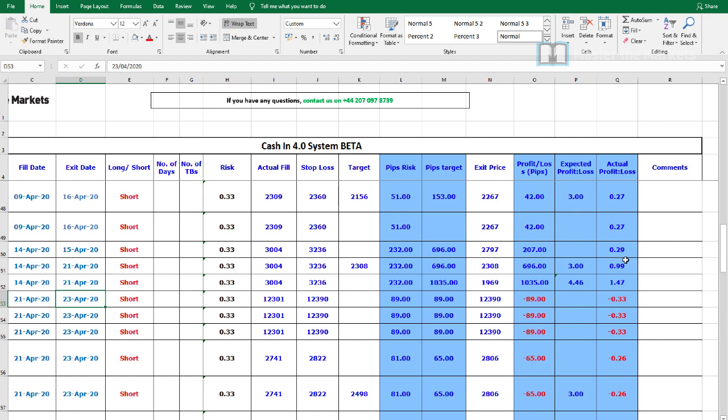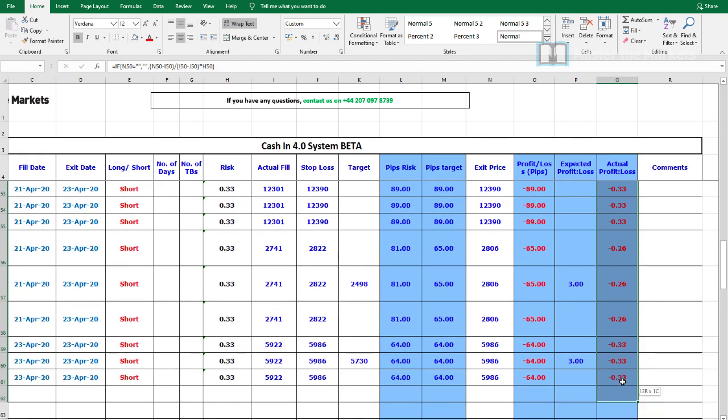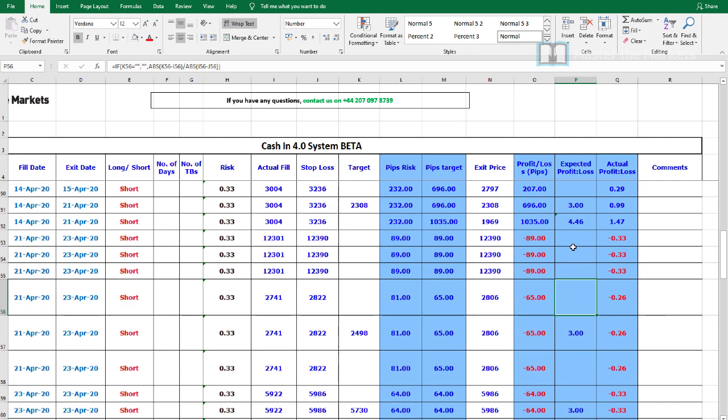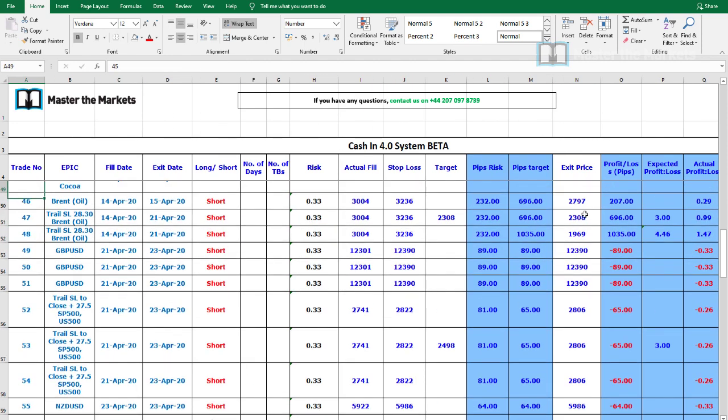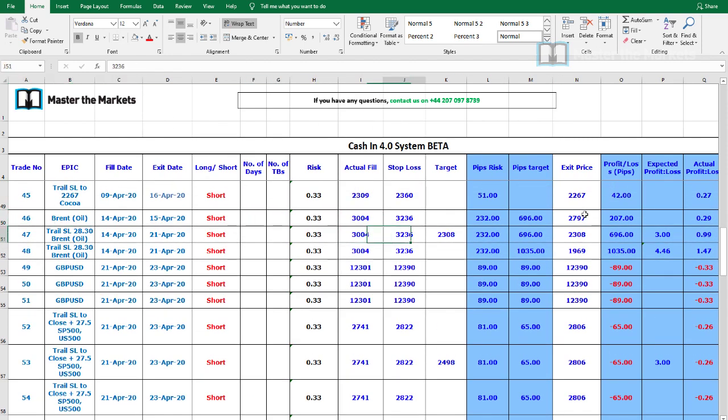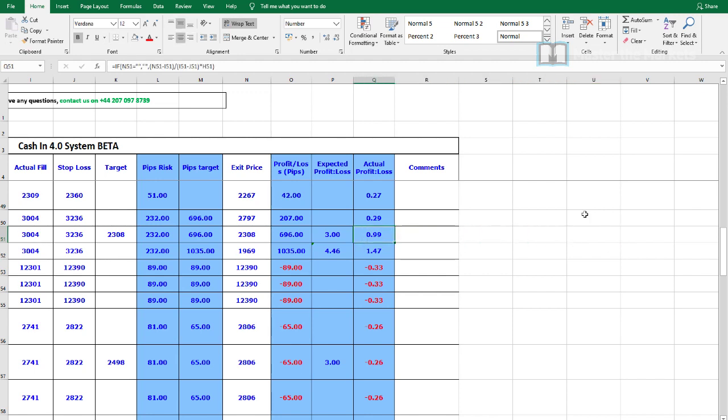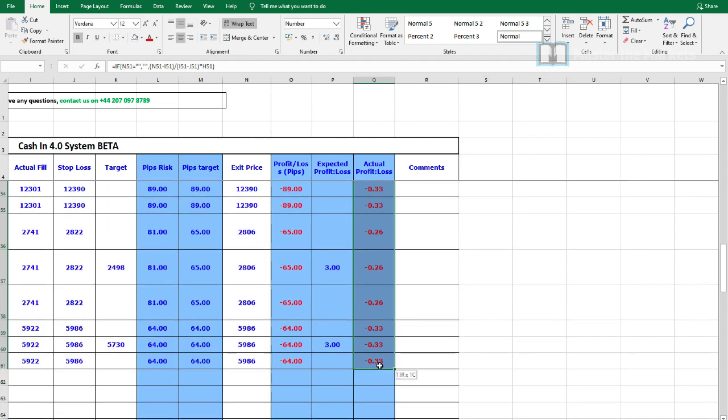In terms of the cash in, 4.0 for this week. Let's see. Brent oil, yeah, we took the Brent oil trade all the way down. We did take a few hits on the last three trades. We did get a loss cluster on that one. Still, the loss was pretty small. Let me just do that very quickly once more. Brent oil from 21st April onwards, we're getting minus 0.31%.